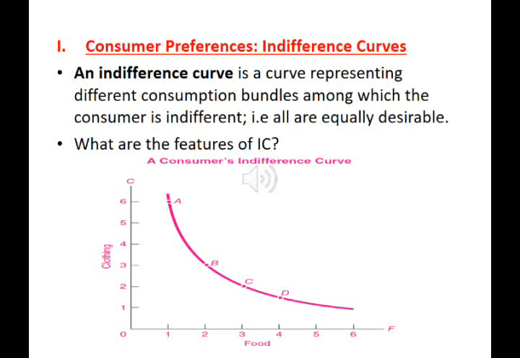If you remember the law of diminishing marginal utility, according to this law, the lower the quantity we have of a good, the higher its marginal utility.